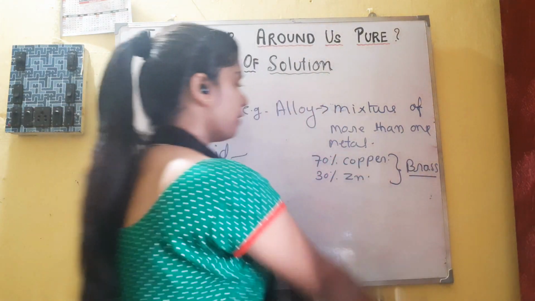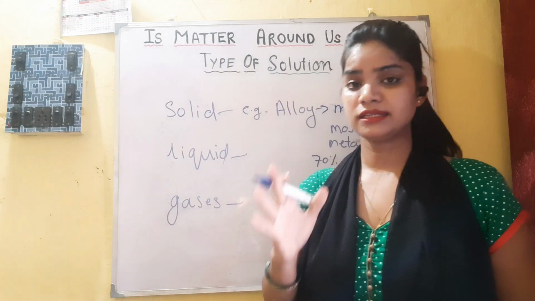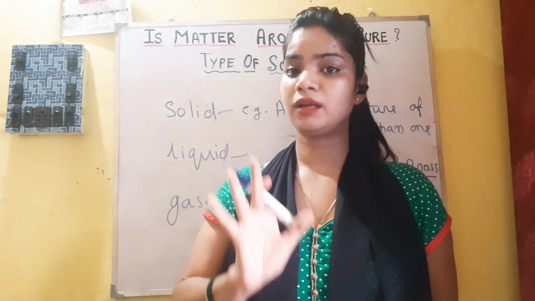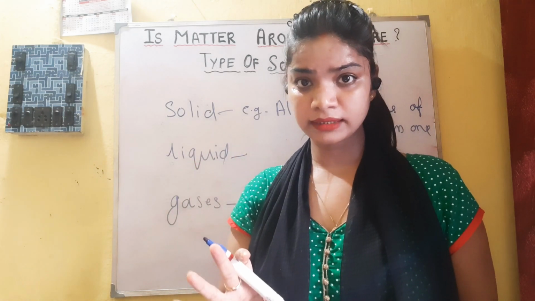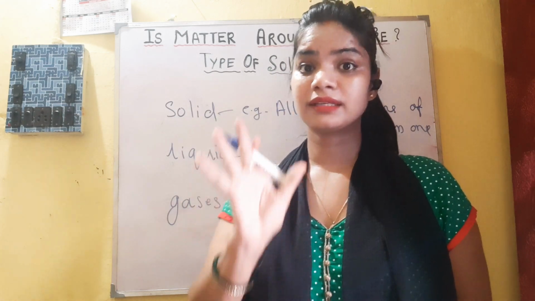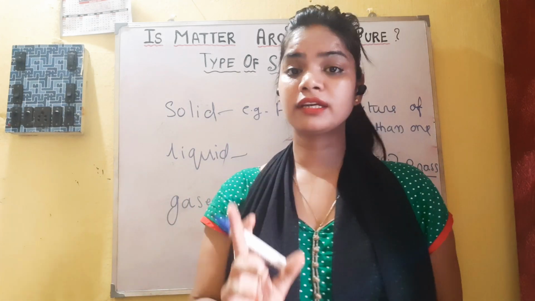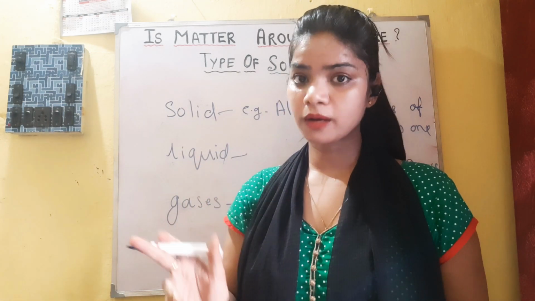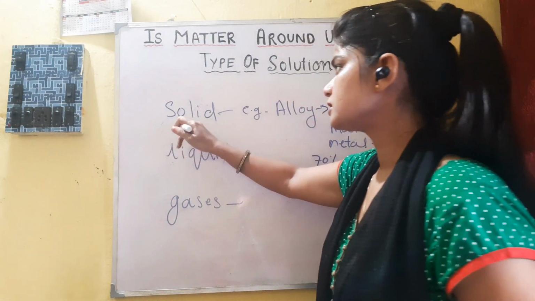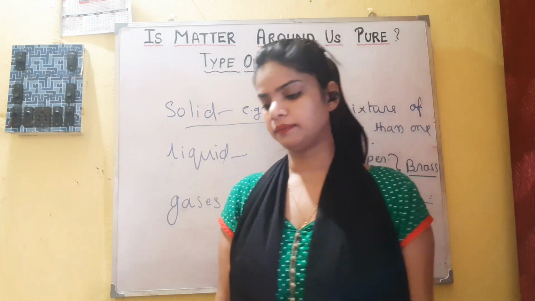Brass is an example of alloy, which is a mixture of more than one metal. So this is a solid solution example.